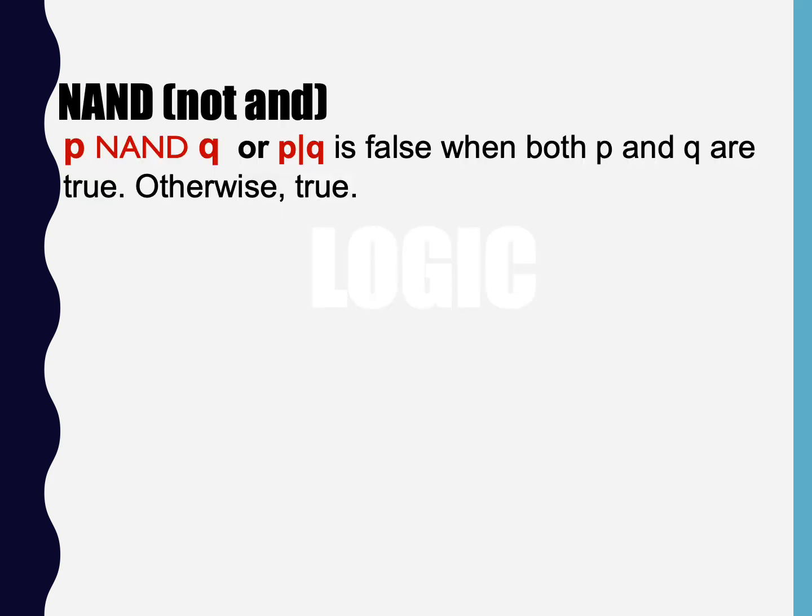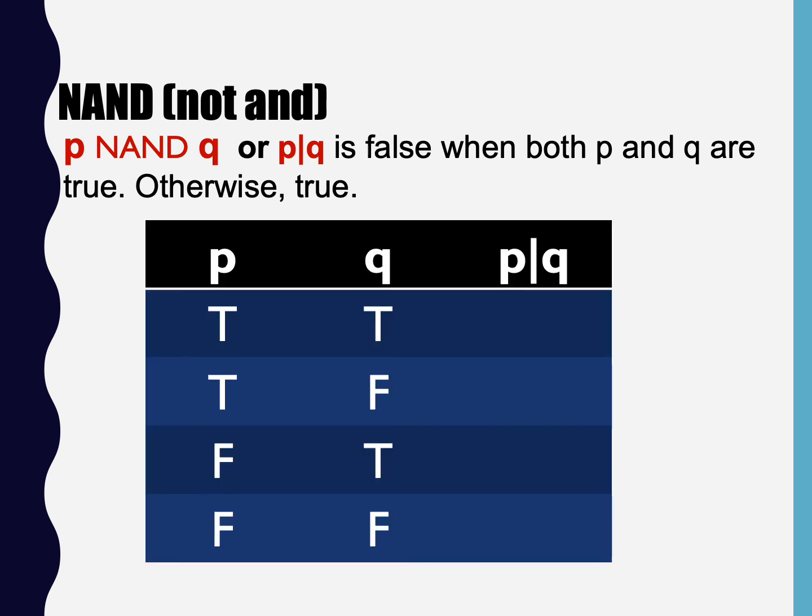The NAND or not-and of propositions P and Q is false when both P and Q are true. Otherwise, it is true. Setting up its truth table, the propositions that are both true will be false and the rest will be true.